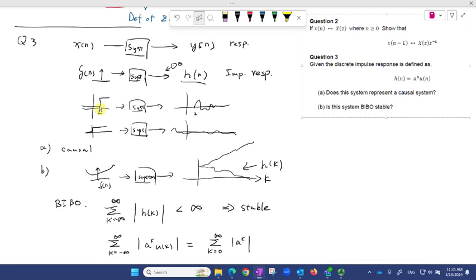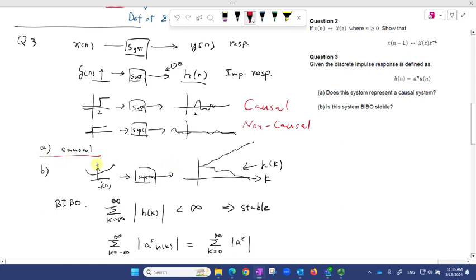So that's called a causal system. Otherwise, if the response happens before the trigger has happened, this is non-causal. In reality, all physical systems are causal systems.